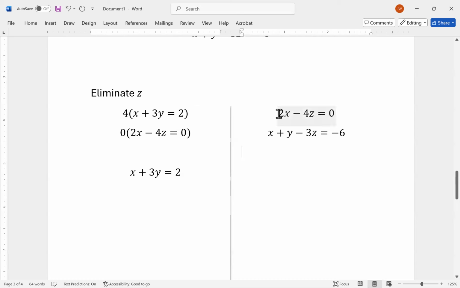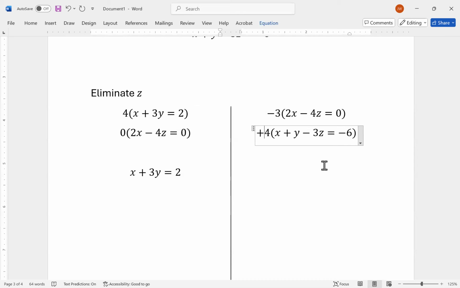Now, in a similar way, if I'm going to eliminate z from the second pair, I take the first equation in front of it. I'll put -3 in front of the second equation, I'll put a -4, and then I'll change the sign on one of them. I'll change the -4 to a +4.